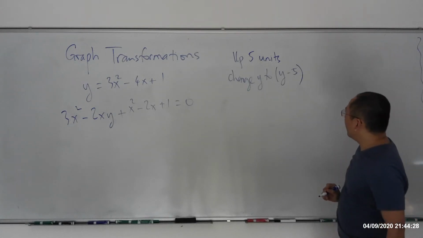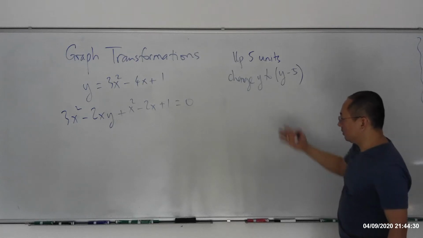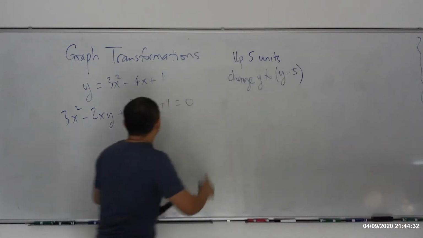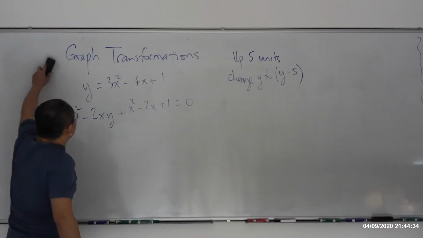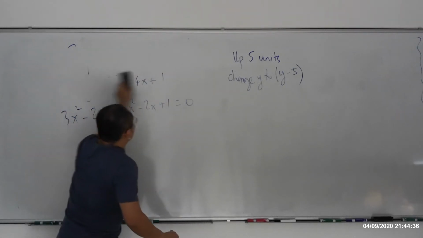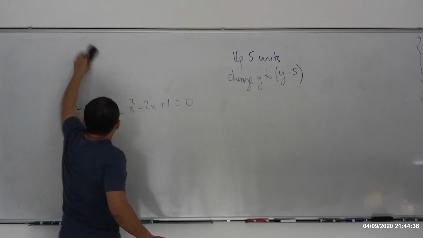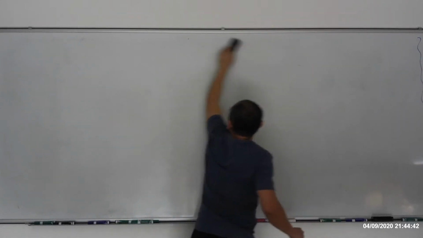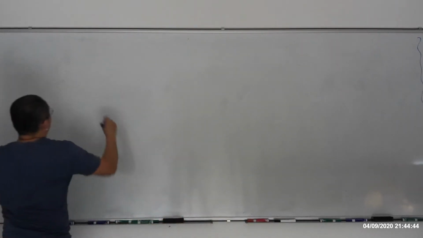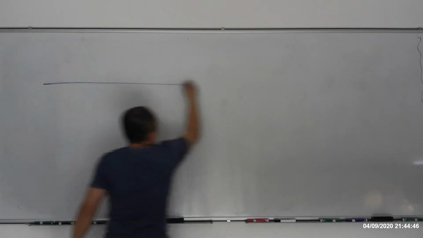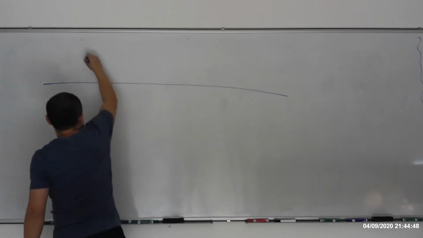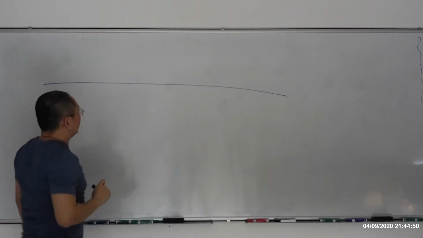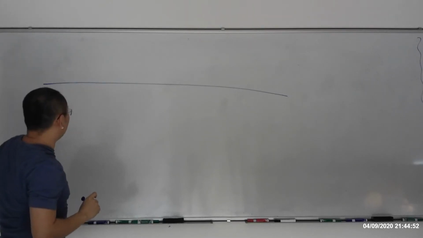Let me make a table then. That'd be easier for us to cover all of the things, instead of writing one by one. Original equation and then a new equation, right?